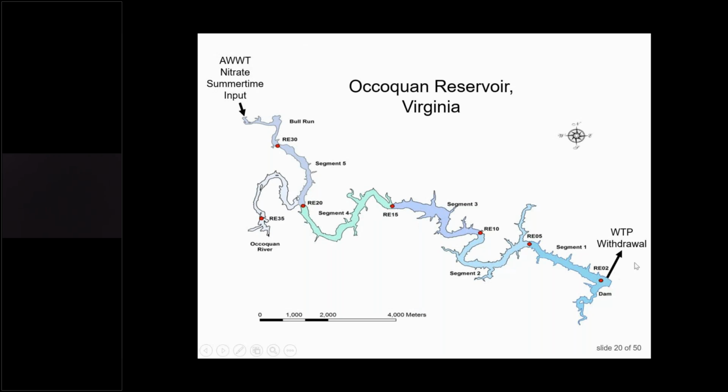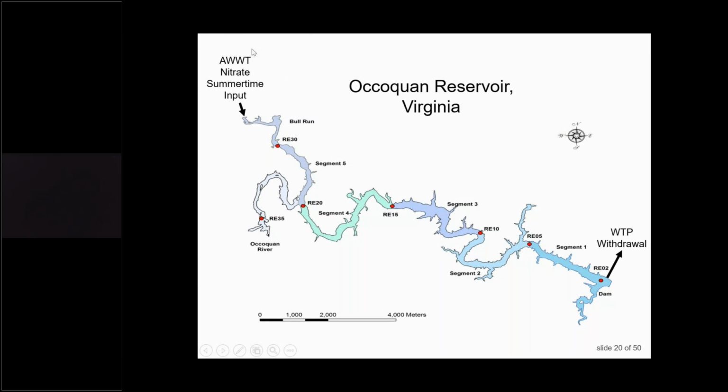And that water is ultimately, along with the natural runoff, being used at a water treatment plant down here at the end of the reservoir. And it serves 2 million people drinking water. And this reclaimed water enhances the water yield of the system by 25%. So it's a great early example, this started in the 70s, of indirect potable reuse of water.